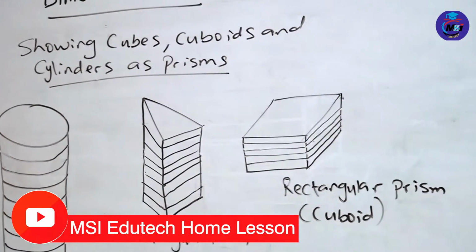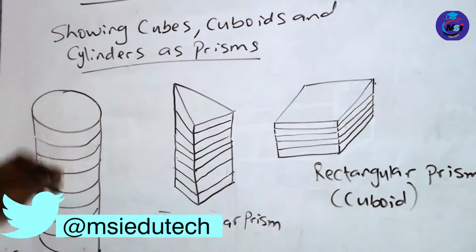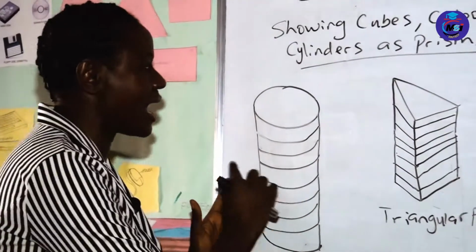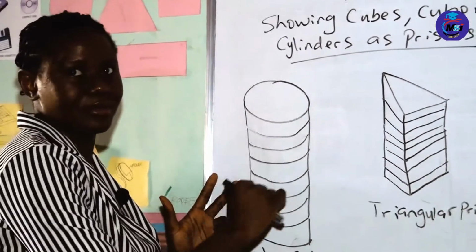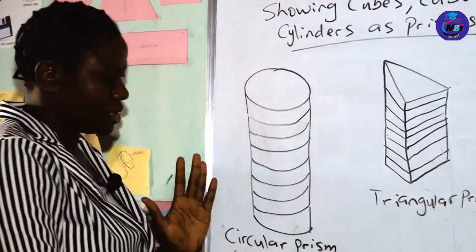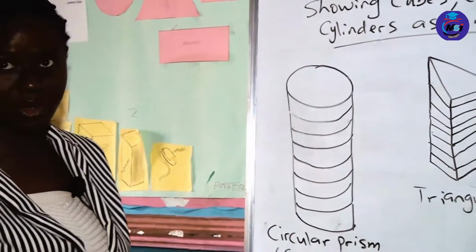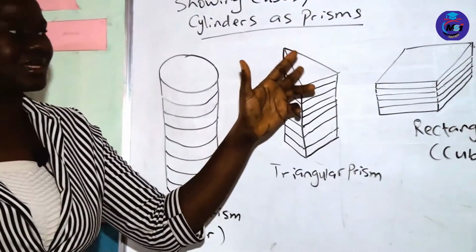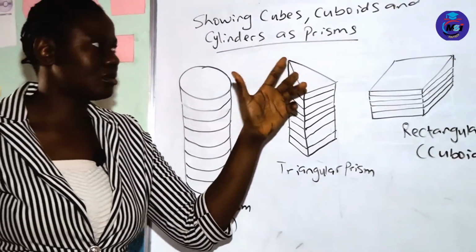That means if I get a cylinder and I cut through any point of the cylinder, what I'll get will be a circle. So this is a circular prism, or you call it a cylinder. This is a triangular prism with a triangle as the basic shape.